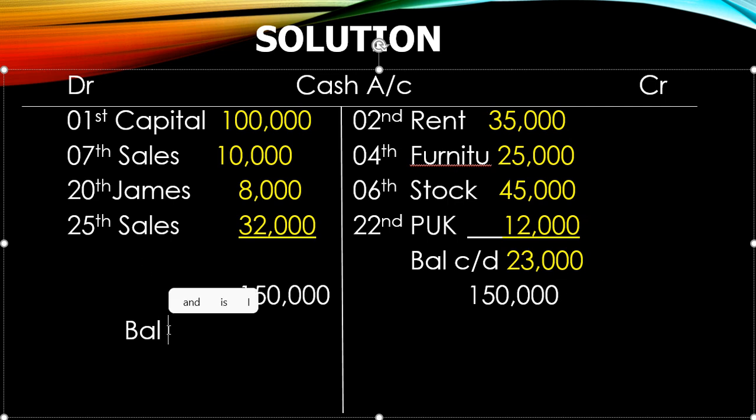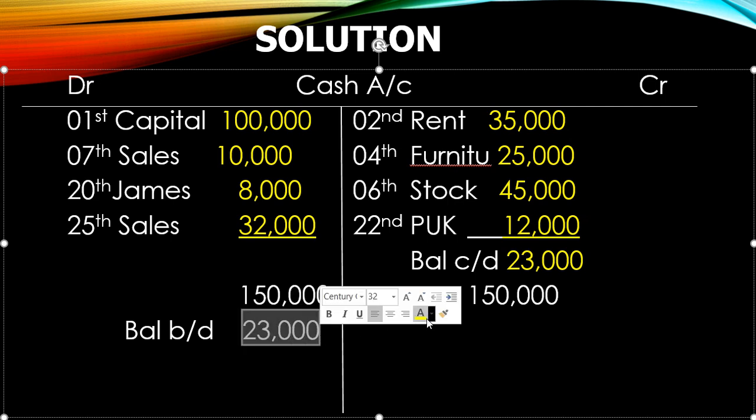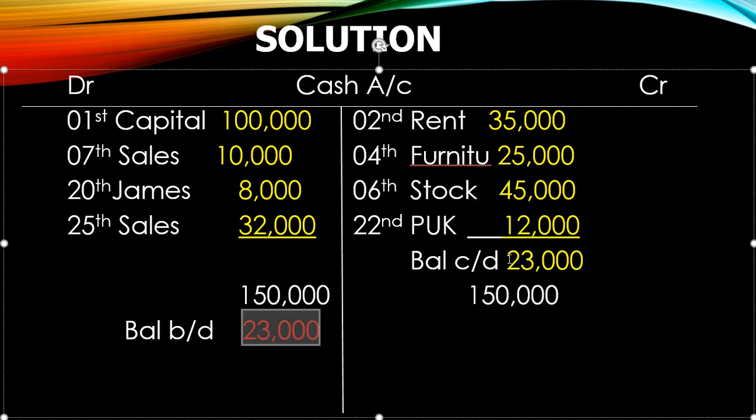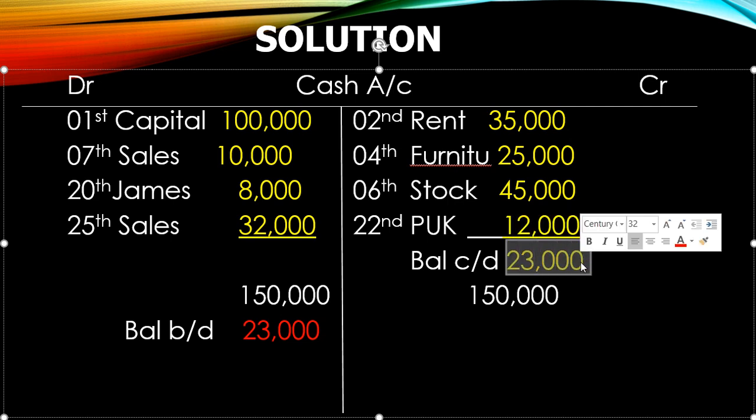Balance brought down. Over, and 3,000. I'm going to paint it red such that you get what I'm talking about. So now I'm going to explain how you treat this figure.